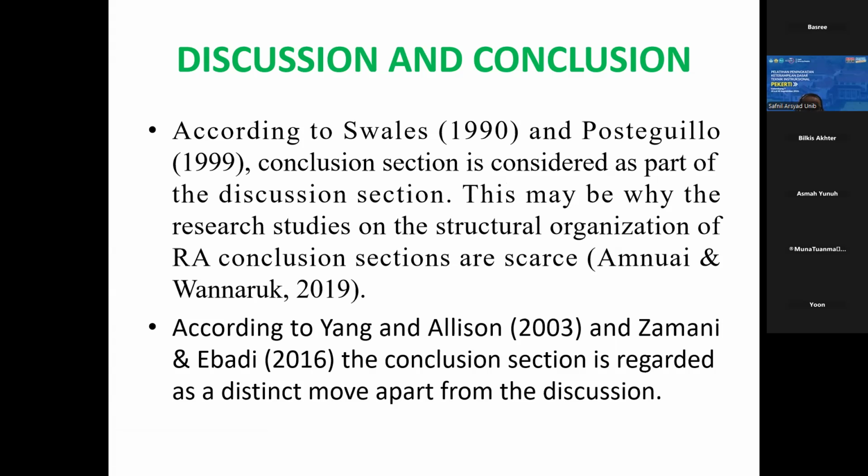This may be why research studies on the structural organization of research article conclusion sections are scarce, because people rarely study the conclusion section, since it is included in the discussion section.